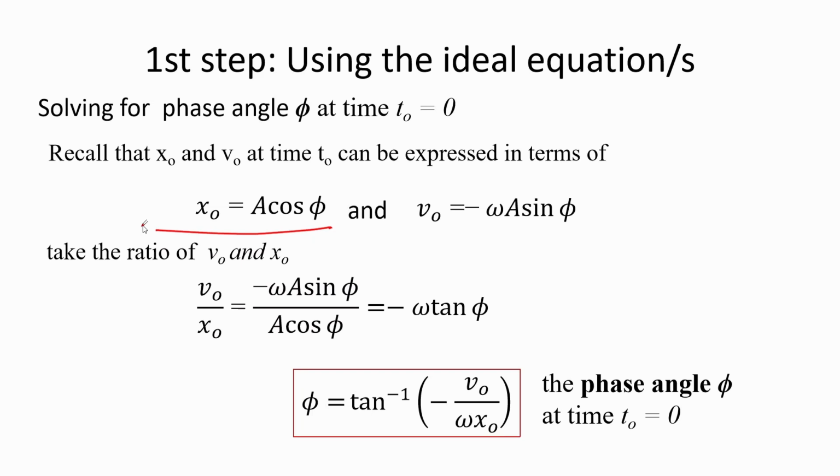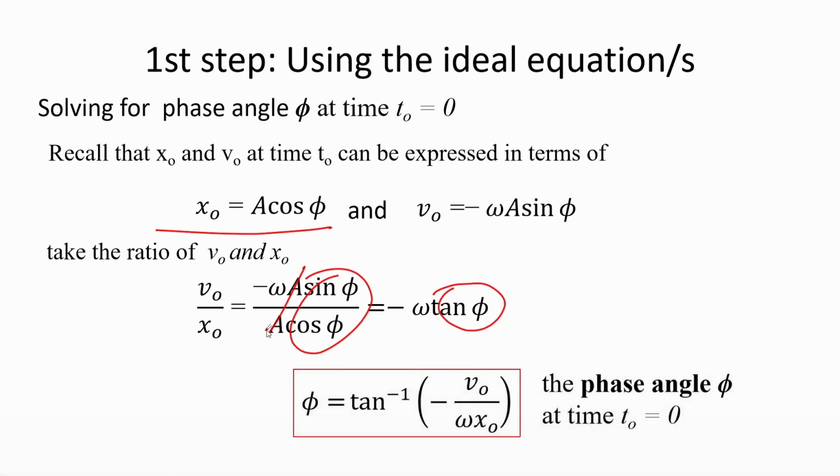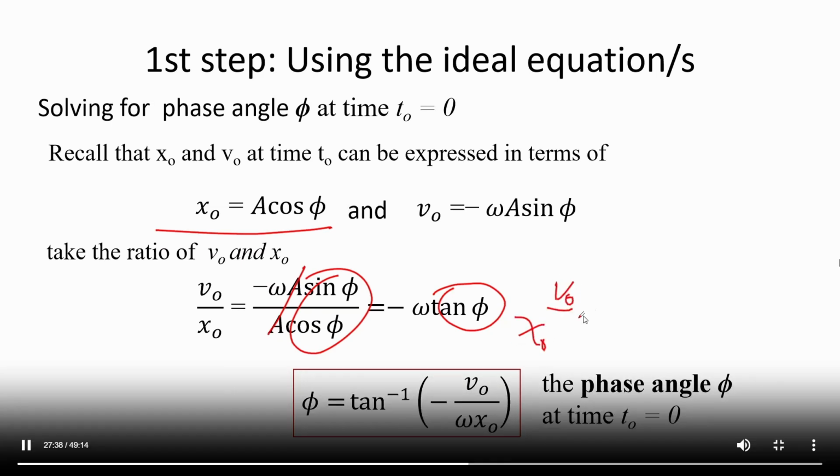You take the ratio because our goal is to simplify the function. So we have v naught over x naught, so that we can get a tangent phi from the relationship with this one. Of course, the amplitude cancels out. So what do we get? Basically v naught over x naught is equal to negative omega tangent phi naught.